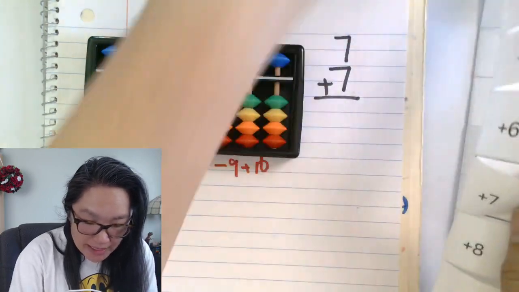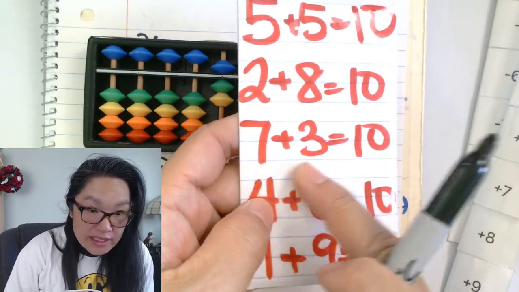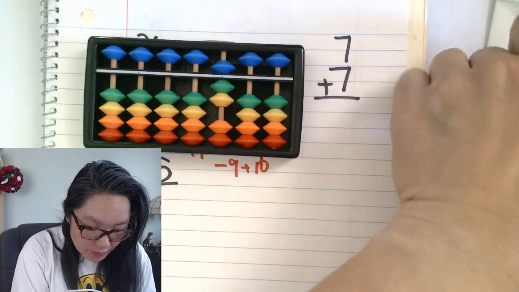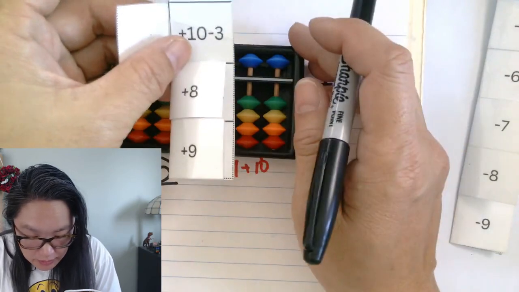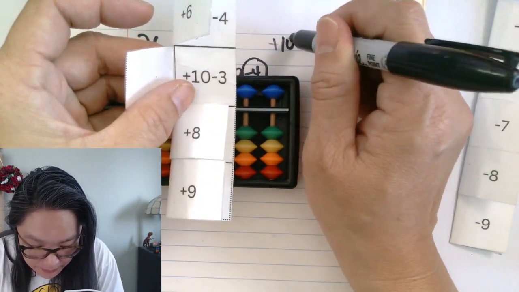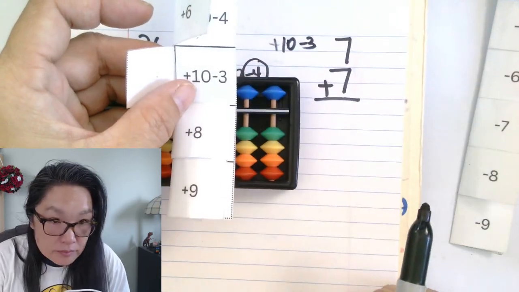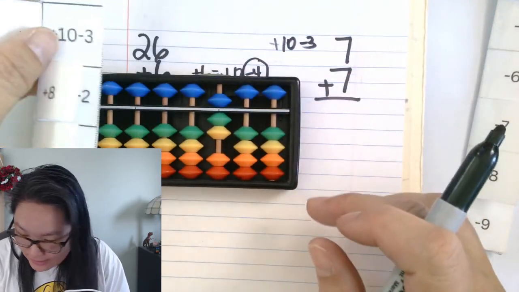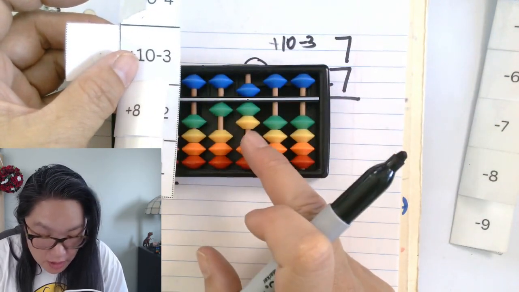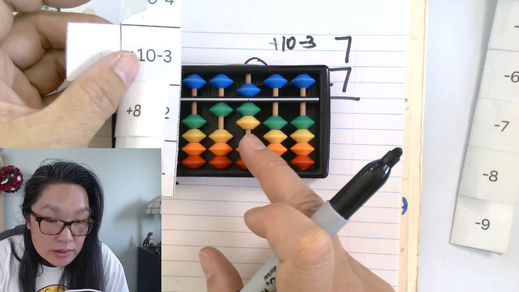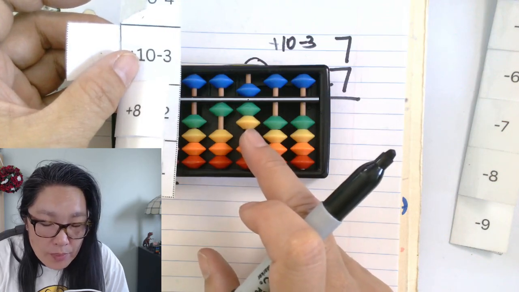We know to make a 10, we do 7 plus 3. To do 7 plus 3, it's plus the 10 minus 3. We know this. So we're going to plus the 10. We're going to add the 10, and notice we cannot take away the 3.